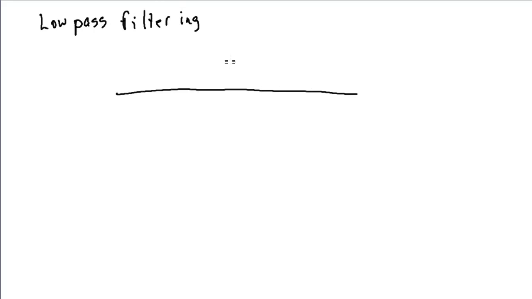So low pass filtering would give, I'll call this X with a tilde of omega, because it's an approximation to X of omega. So again, this is a baseband spectrum, but it's not the spectrum that we actually had originally. It's going to look something like this for the figures I had on the previous page, where this is omega s over 2.